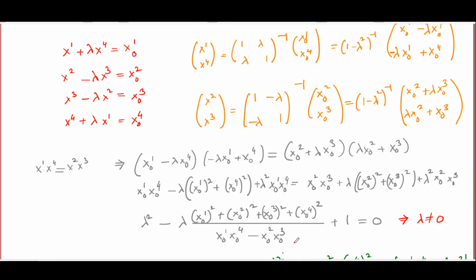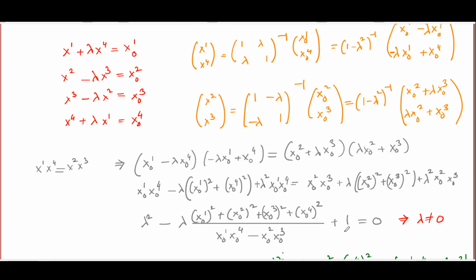Note that at this stage, I have divided by the quantity x10, x40 minus x20, x30, and that is a legitimate thing to do because this number is not 0, since remember x0 is not a point on our surface. Now, this quadratic equation can be solved for lambda.